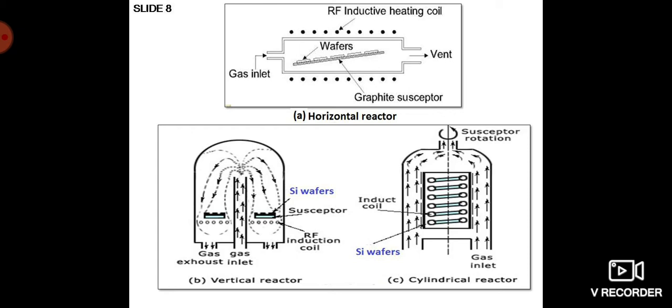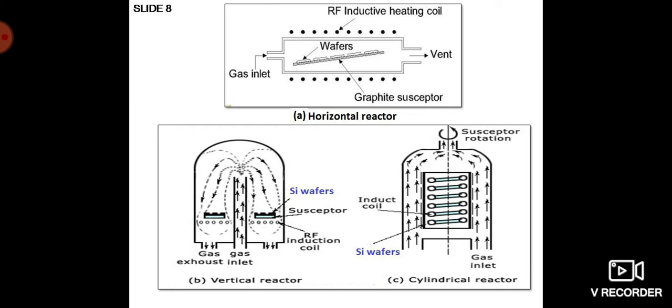Over the wafers, the gas mixture is passed horizontally, parallel to the wafer surface, as indicated by the gas inlet arrow.